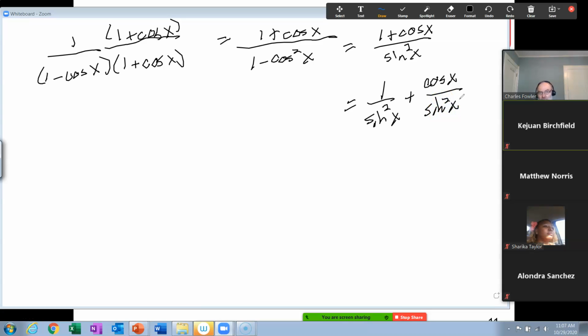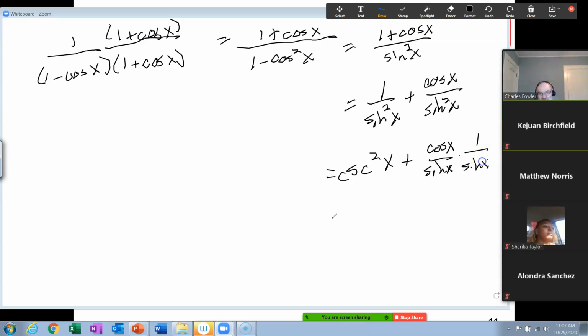You just undo your addition of your numerators. This could be expressed as secant squared, cosecant squared x, I almost did it again, reciprocal identity, plus, and this is cosine over sine, and this is 1 over sine.